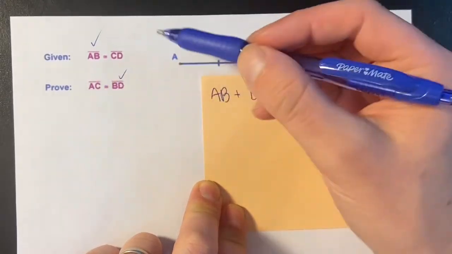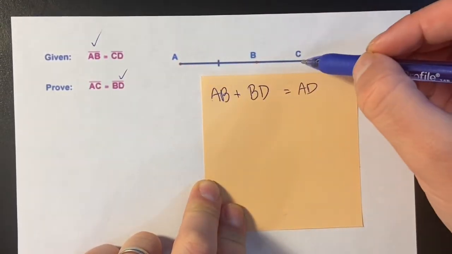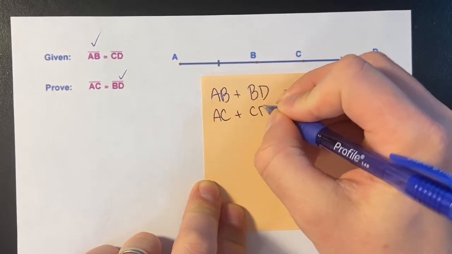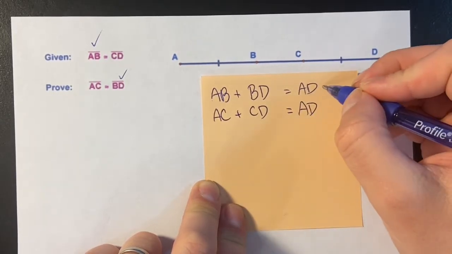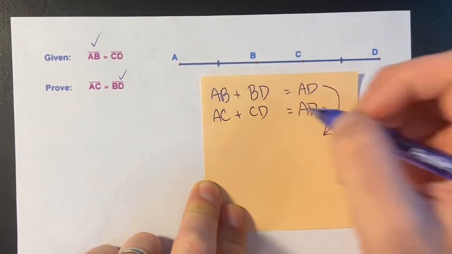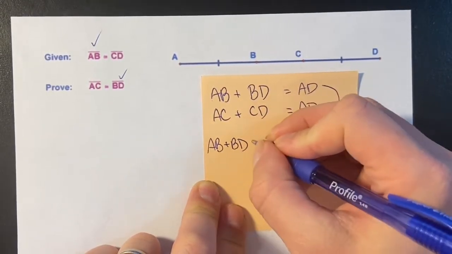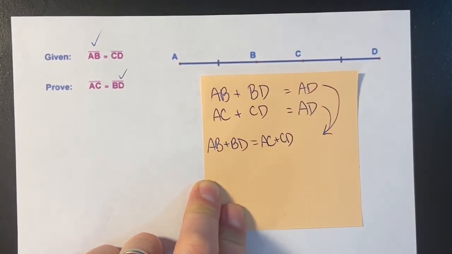Could I use CD and AC in the same way? Sure. AC plus CD also equals AD. So now that I know that they both equal AD, I can say that AB plus BD equals AC plus CD.